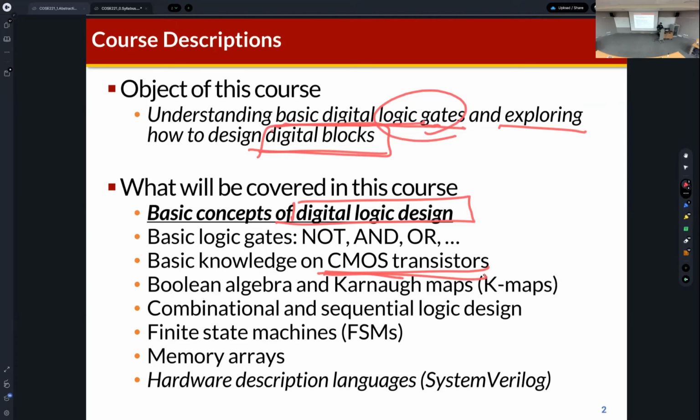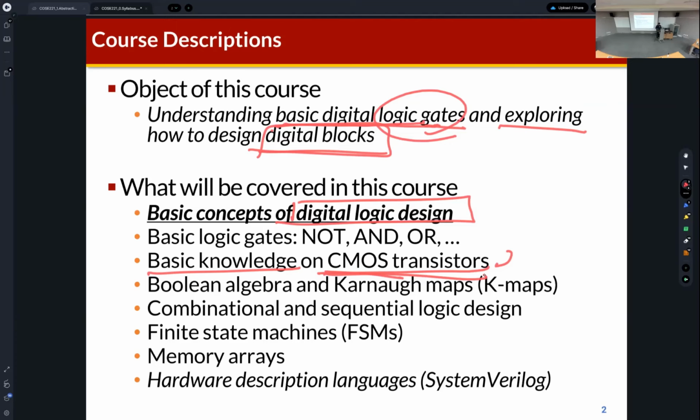In this course we will also learn the basic knowledge of how CMOS transistors work in digital systems. This is relatively low level hardware knowledge. If you are familiar with only the software part, then this part may be difficult for you.